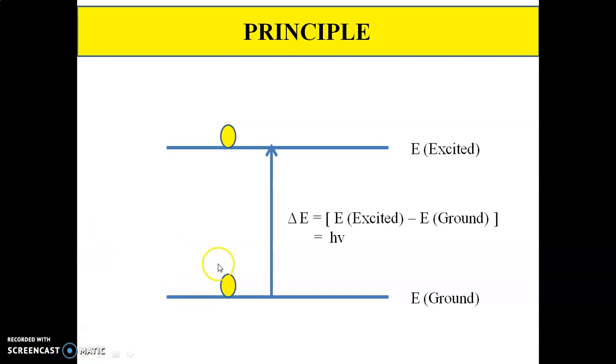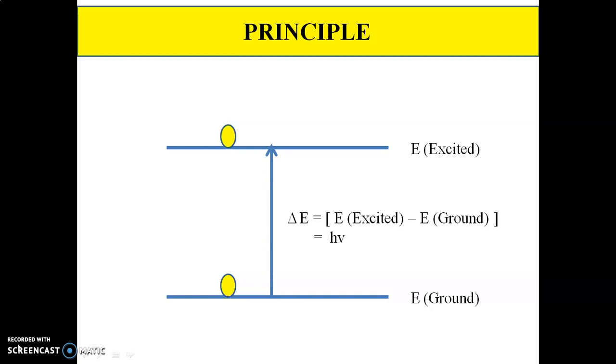Absorption of electromagnetic radiations in the visible or UV region by a molecule is due to the presence of chromophore in the absorbing molecule. So, chromophore is a covalently unsaturated group which is responsible for absorption of electromagnetic radiation in the visible or UV region.